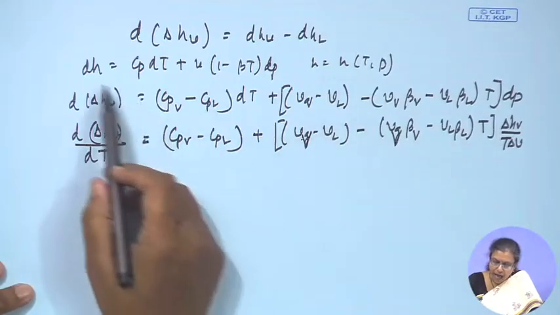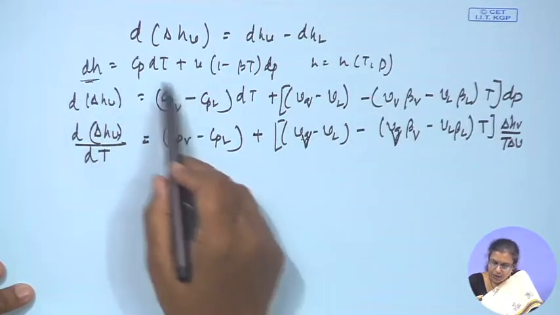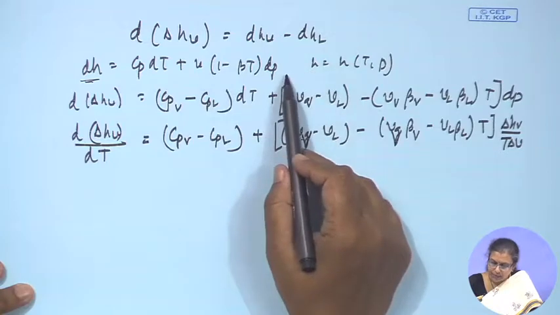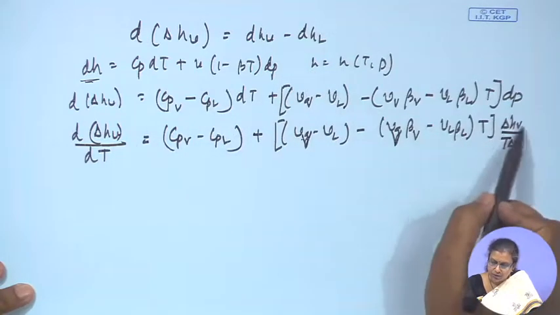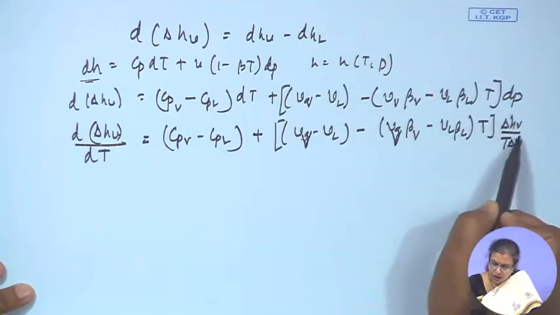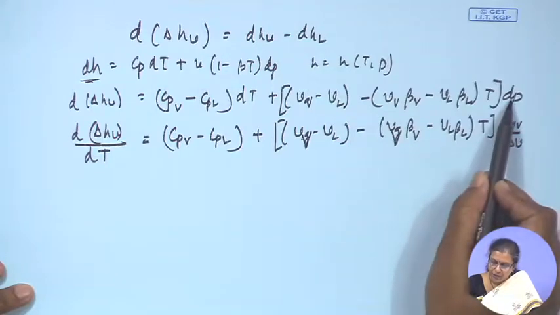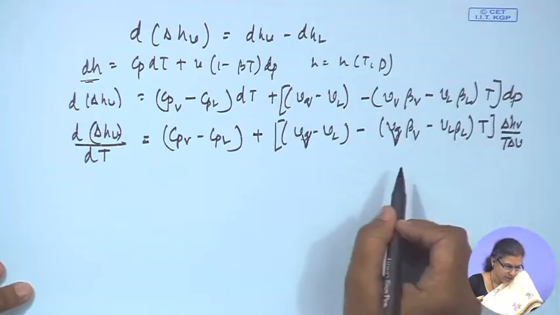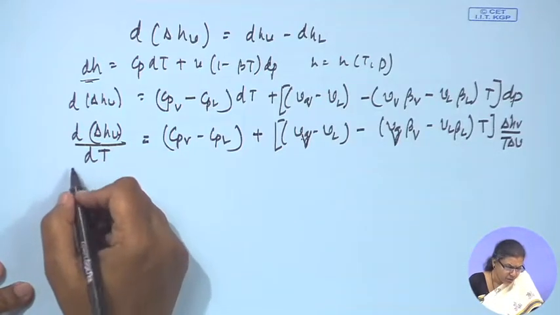What I have done, I have substituted dH from the basic equation that we had derived, and then I substituted the Clausius-Clapeyron equation for dP dT in this particular case. So from there, what do I get?